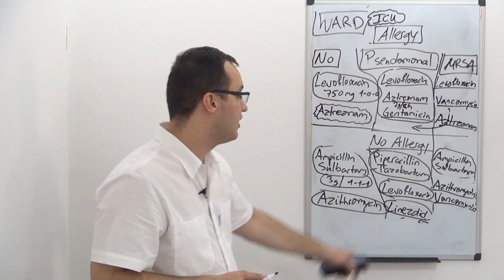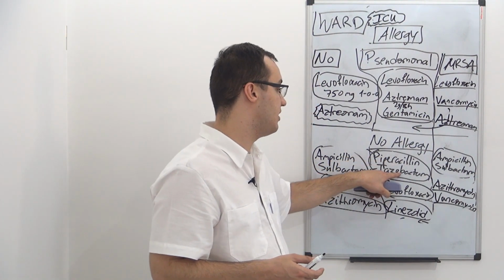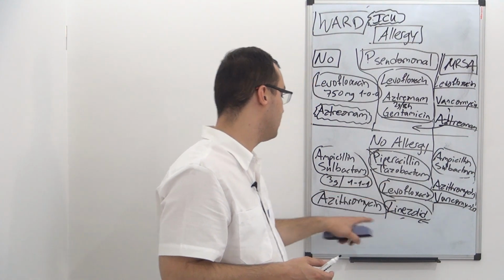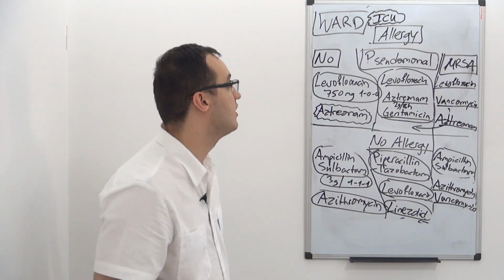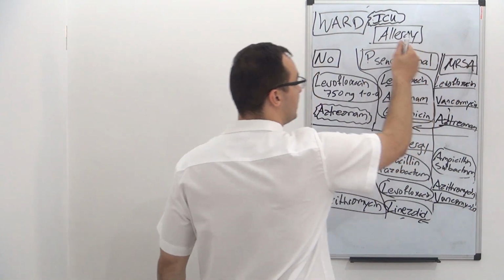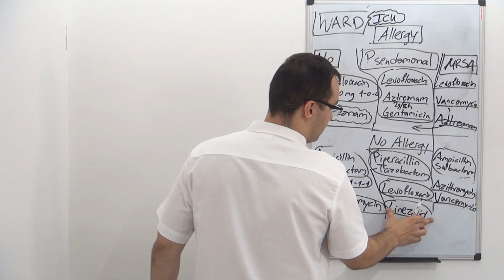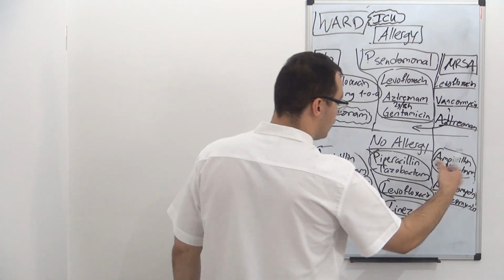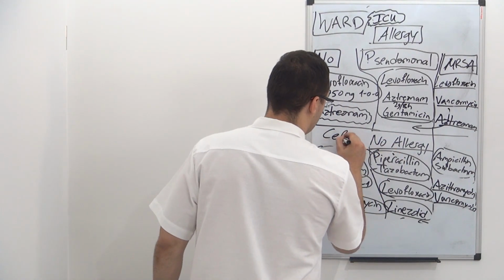For Pseudomonas, it's not ampicillin sulbactam, it's instead piperacillin tazobactam, because this is against Pseudomonas, with a fluoroquinolone instead, not a macrolide, levofloxacin. And when we have a combination with Pseudomonas MRSA, then we add a linezolid with piperacillin tazobactam, or we can use vancomycin, but then we have to change this one to cefepime.